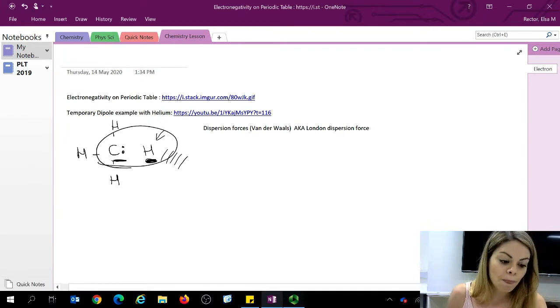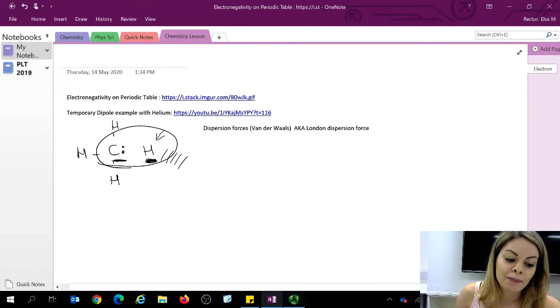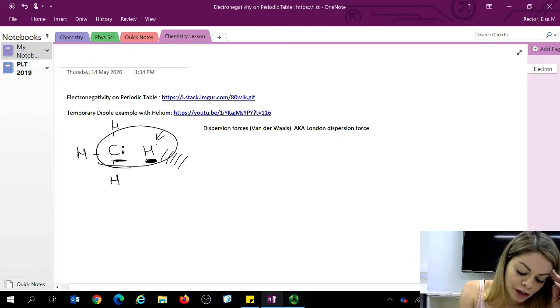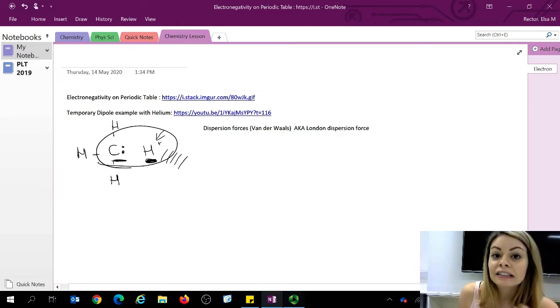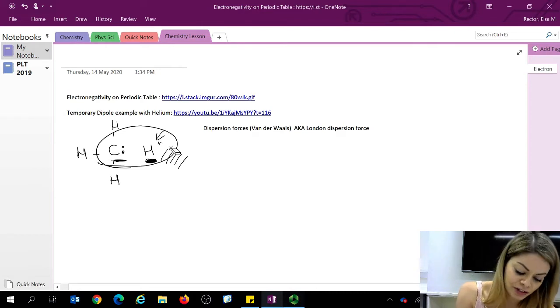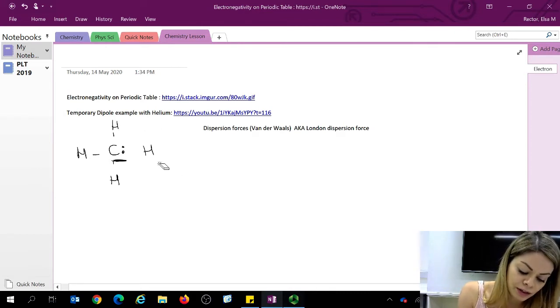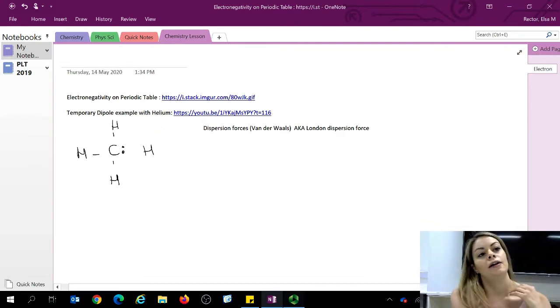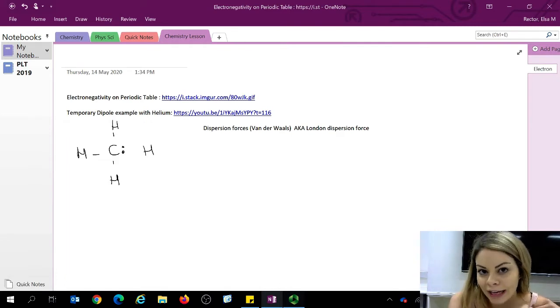Okay. Now, what happens with the temporary dipole is if we have a partial positive charge here, okay, that's not a hydrogen ion, that's a partial positive charge, okay, then that might induce a negative charge on a neighbouring molecule, okay?